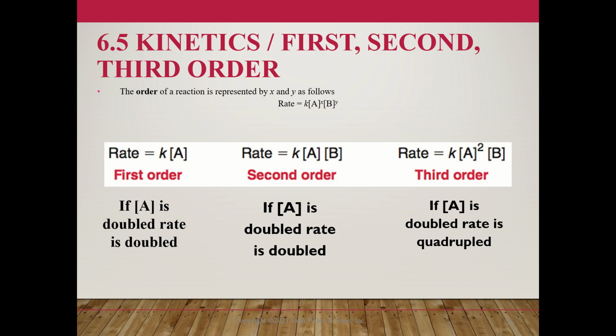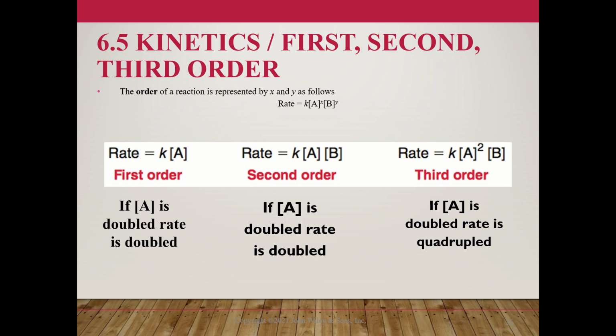In the first two cases, the reaction was first order with respect to A because A's concentration was raised to the first power, so its effect on the rate is the same. Double its concentration, the rate is doubled. In the third order case, the concentration of A is not raised to 1, but is raised to 2. That means the reaction is second order with respect to reactant A, and overall third order because the exponent of B is 1, and 2 plus 1 equals 3.